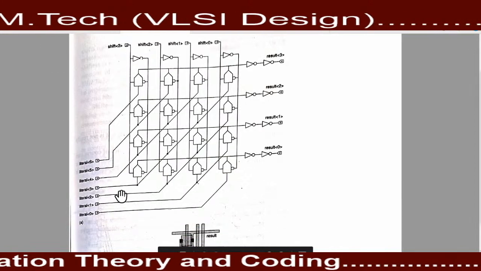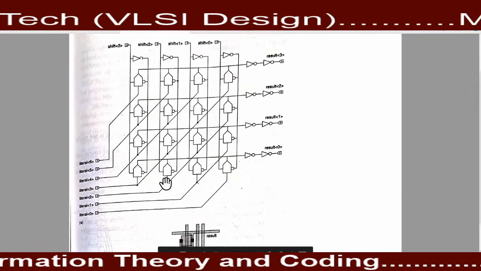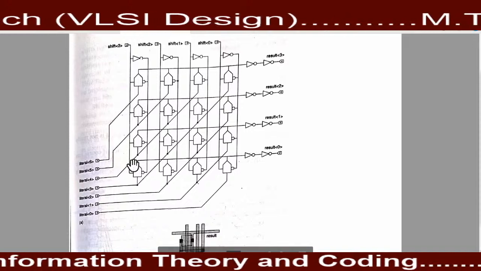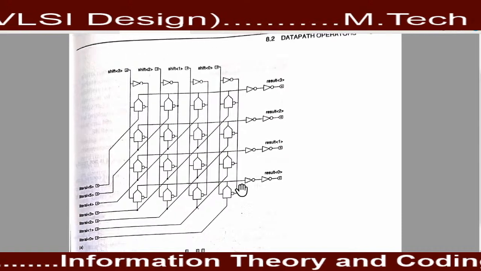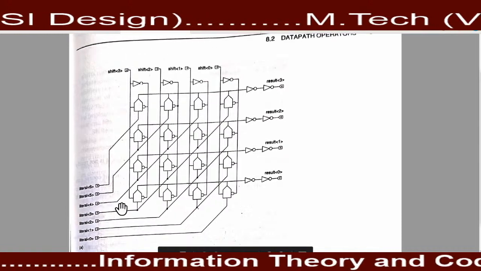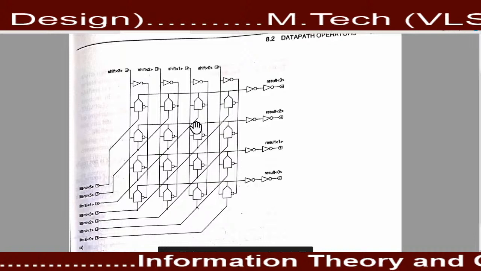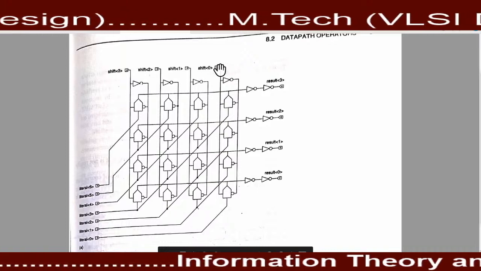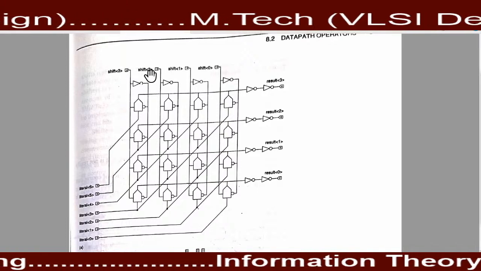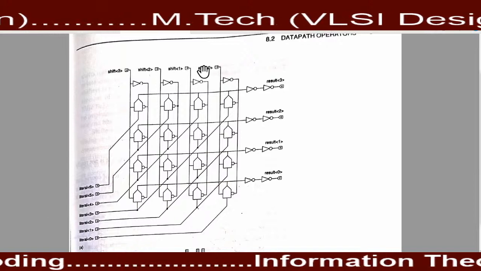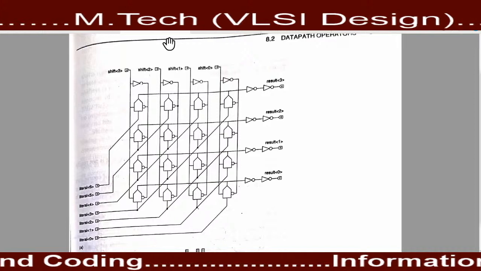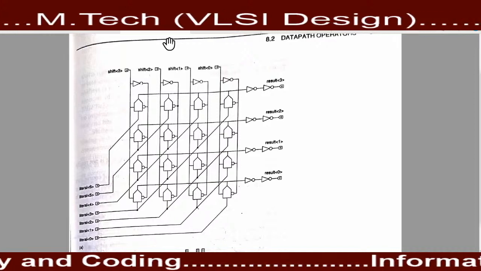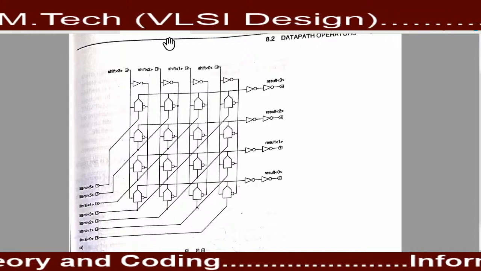These literals are responsible for providing the input to the barrel shifter, that is, to the transmission gates. And shift 3, shift 2, shift 1, and shift 0 are responsible for shifting the data.